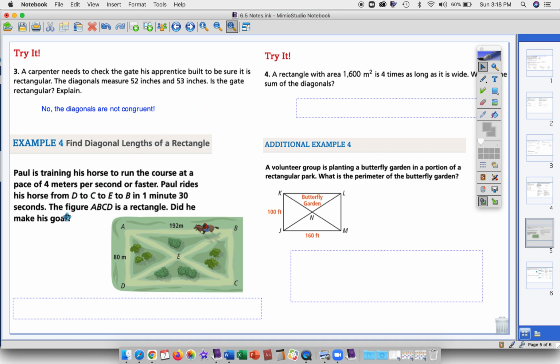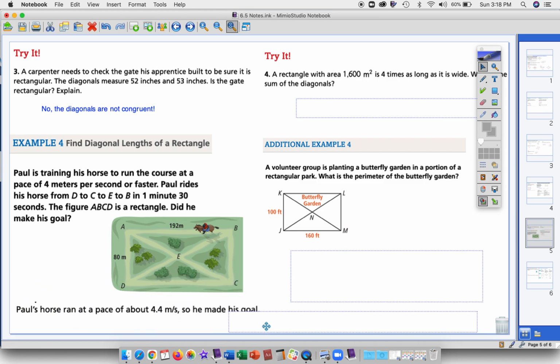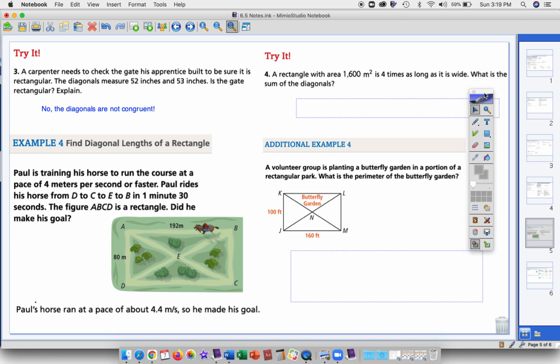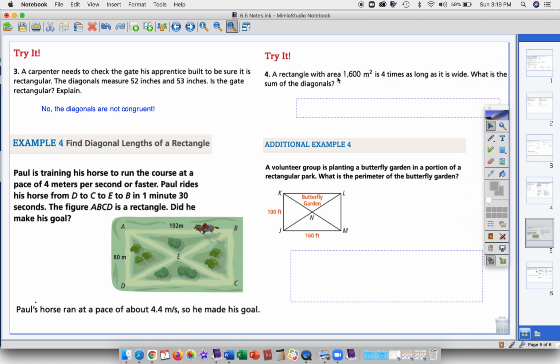In example 4, did Paul make his goal? He ran at about 4.4 meters per second, so yes, he did. A rectangle with area 1600 meters squared is 4 times as long as it is wide, so what's the sum of the diagonals?